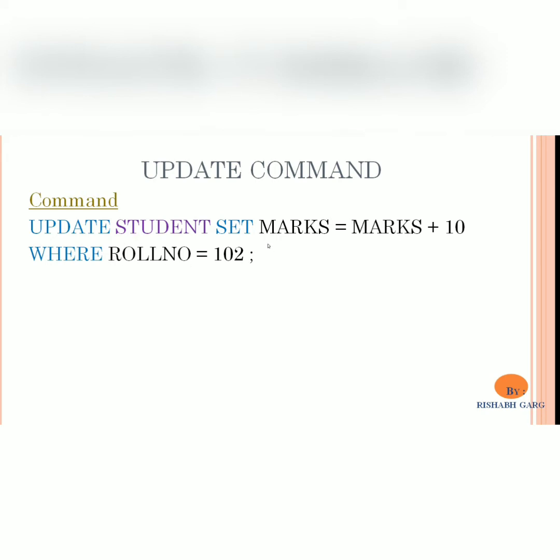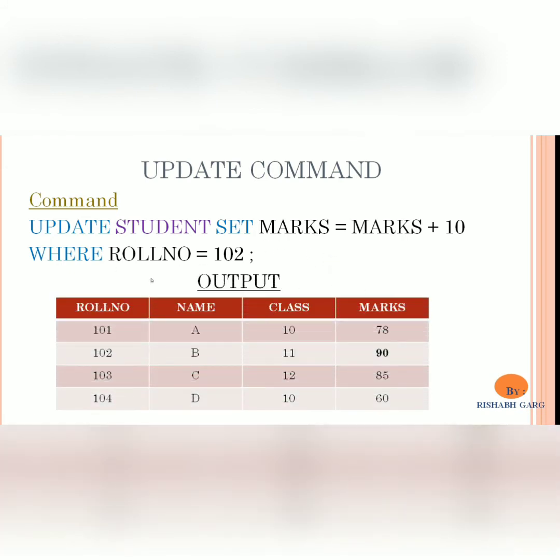After that, we will use the semicolon for terminating the command. After executing this command, the following result will be displayed. So here only those records will be modified whose roll number is 102. I hope it's clear to all of you.